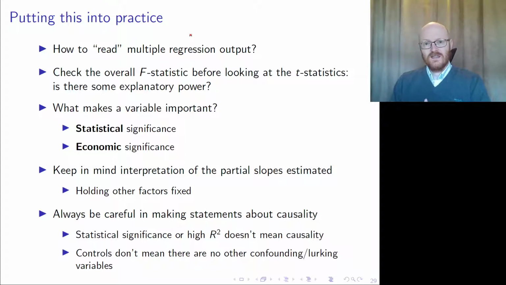You look at the F-statistic, the p-value for the F-statistic, and then you look at the p-values for the different coefficients in the model, and you interpret them. Okay, so you check the overall F-statistic before you look at the t-statistics, because if the F-statistic is not significant, then you have to remodel.